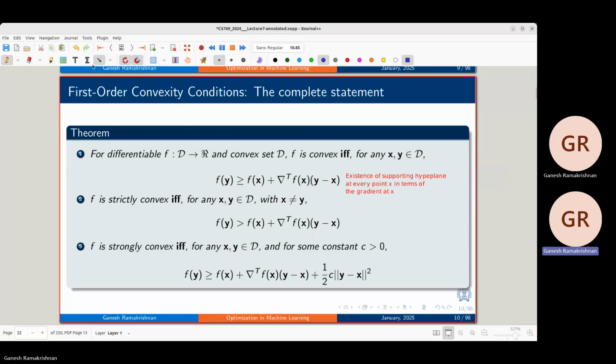And what is the exact form here? This is a supporting hyperplane: f(x) plus gradient f(x) transpose, dot product with y minus x. And that is how the supporting hyperplane looks.